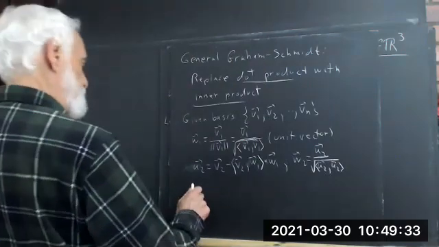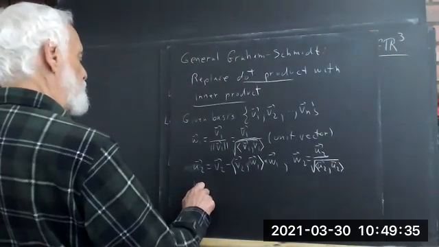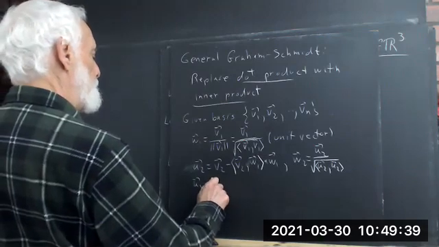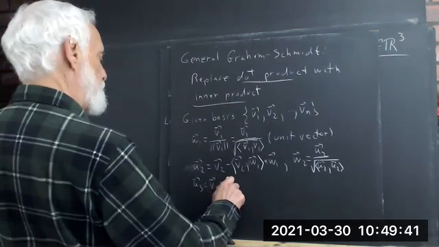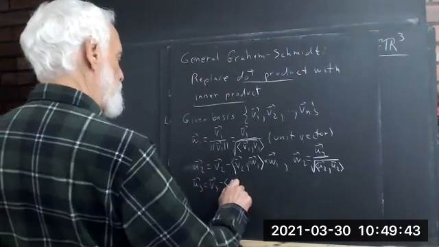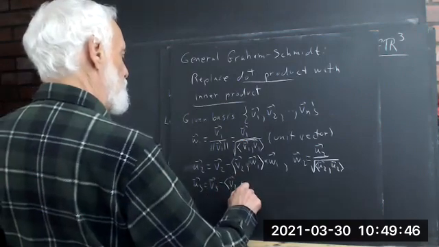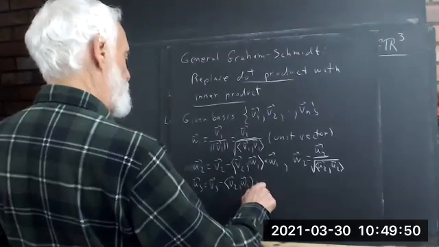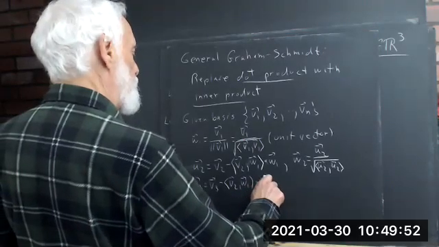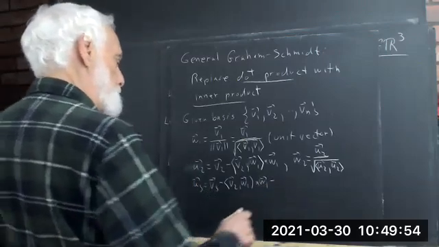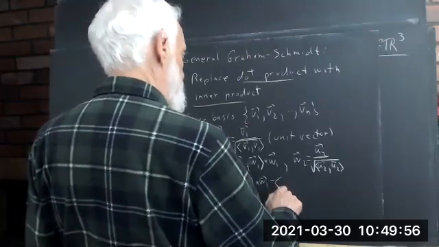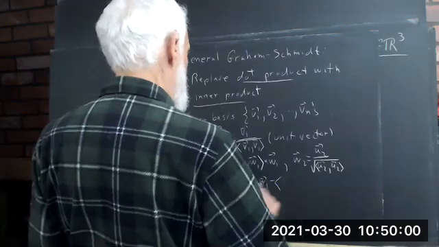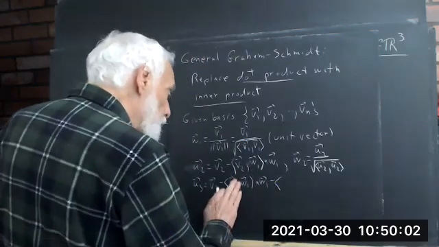Then U3 equals V3 minus the inner product of V3 with W1 times W1 minus the inner product of V3 with W2 times W2, and it's V3, not V2.